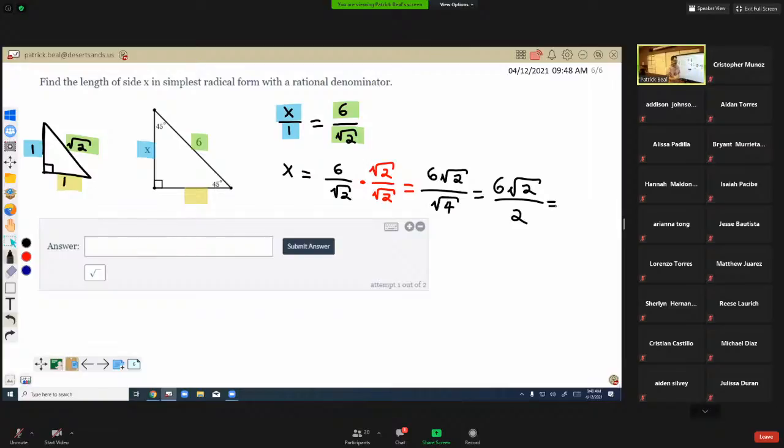And this part's fun. We can actually simplify one more time, because outside of the square root we've got these whole numbers, 6 divided by 2. What is 6 divided by 2? It's 3. So that would be 3 square root of 2. And that's our answer.